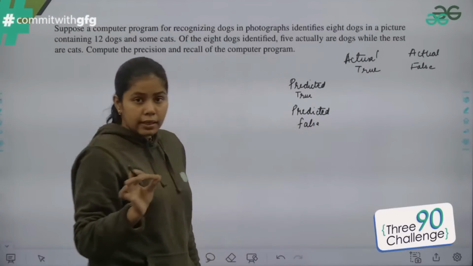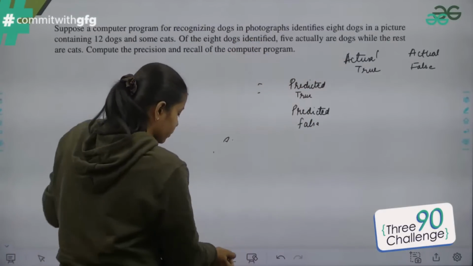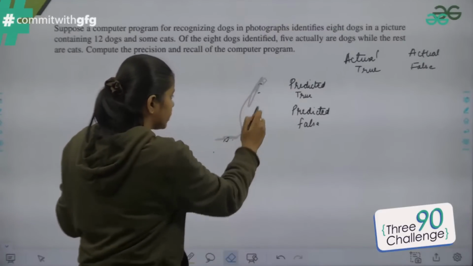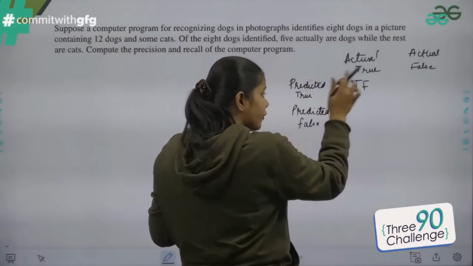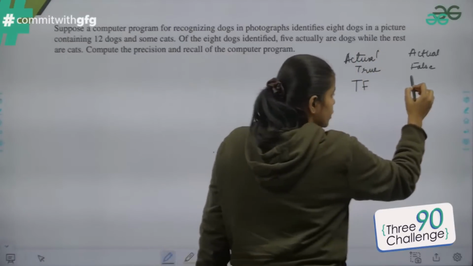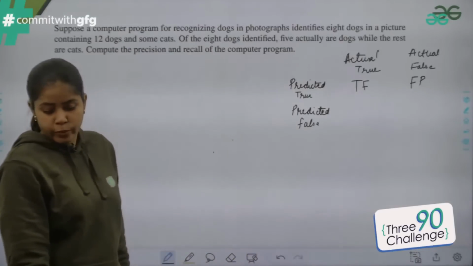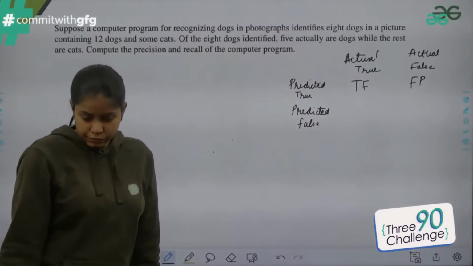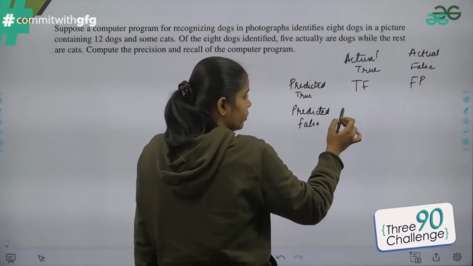So, guys, let's see. If predicted is true and it is actually true, then that is my true positive. And because I have predicted true but it is actually false, I have predicted falsely positive. It is false, but we have predicted positive.